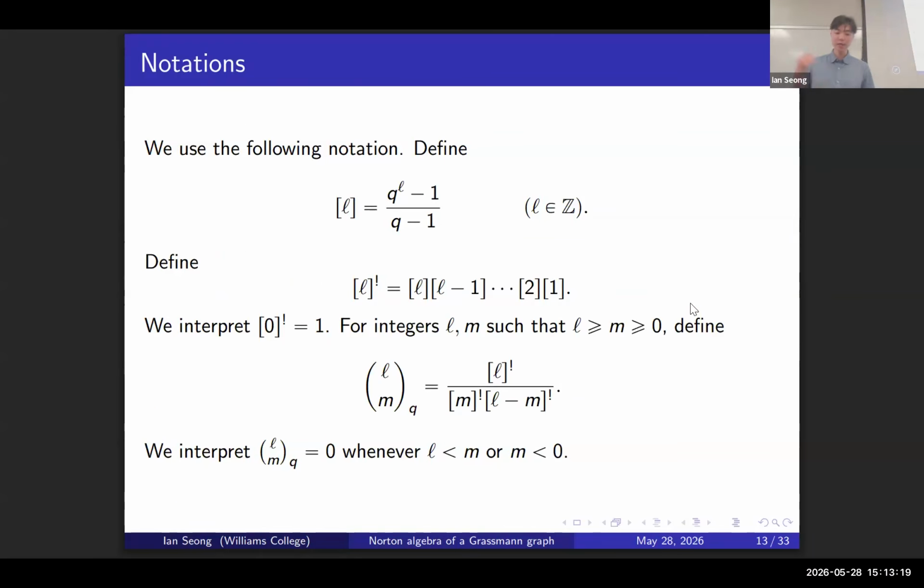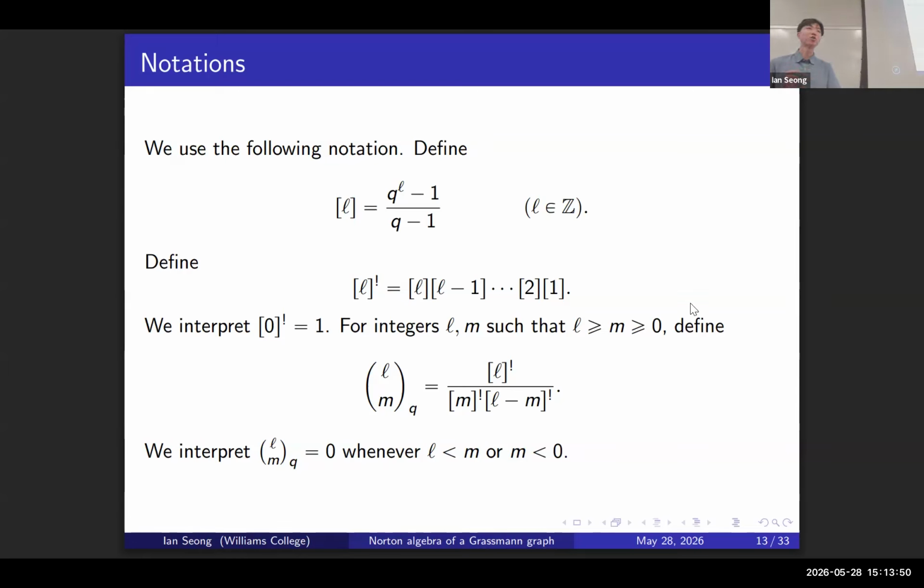Okay, so let's talk about some facts about the Grassmann graph. Here are some notations that we're going to use. We use the notation bracket l to mean (q^l minus 1) over (q minus 1). And we're going to define the q-analog of all the combinatorial things that we see. So bracket l factorial is going to be the product of bracket l, bracket l minus 1, all the way down to bracket 2, bracket 1. And like we usually do with factorials, bracket 0 factorial is interpreted as 1.